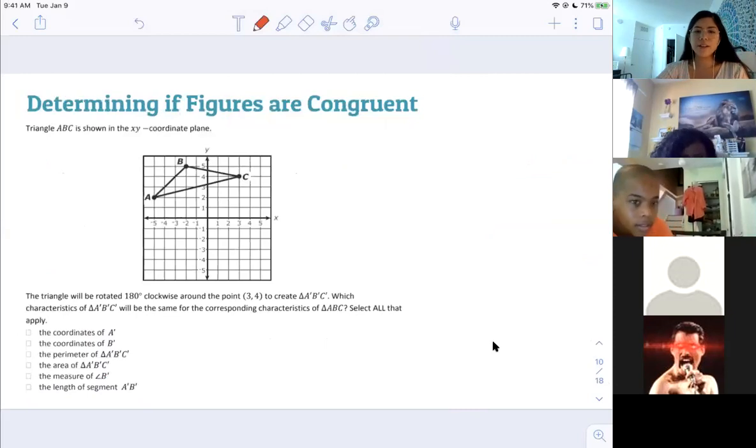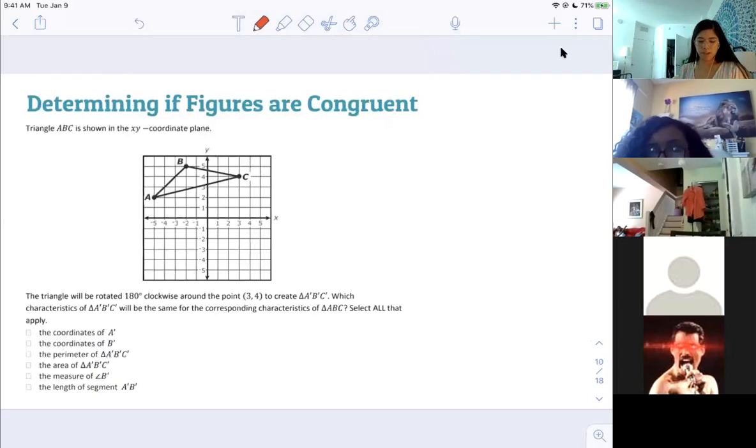Okay, here's another one. Same idea. Select all that apply. And as you guys are working, I'll read it out loud.